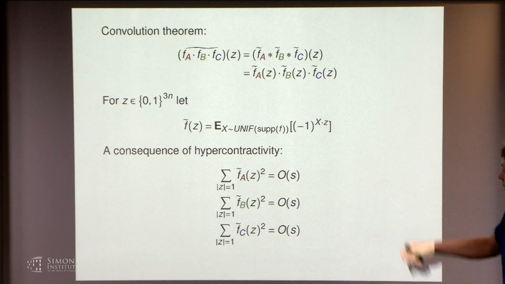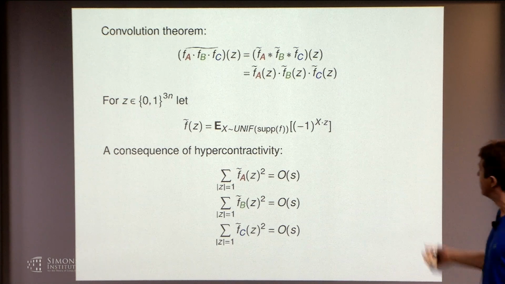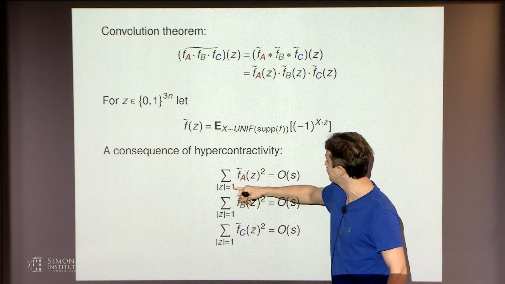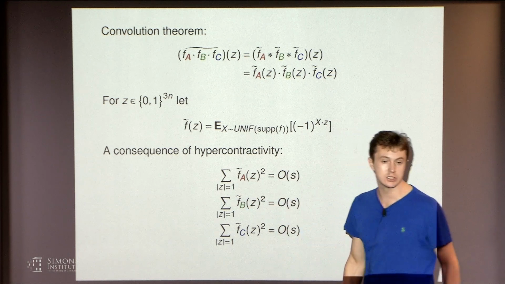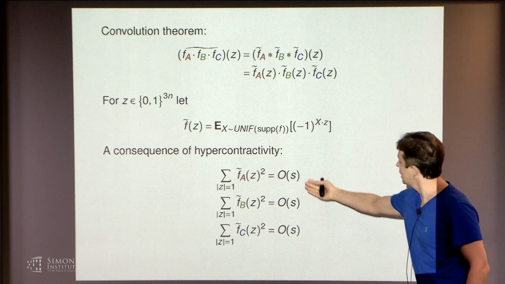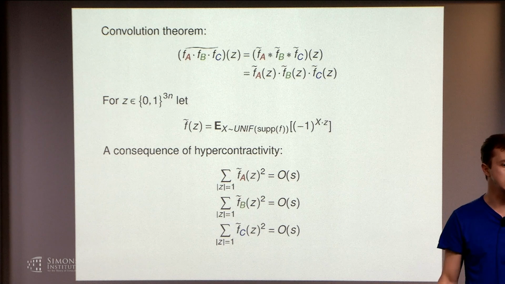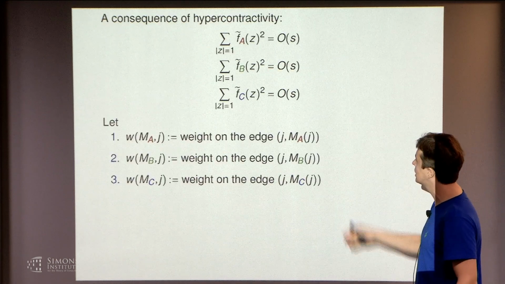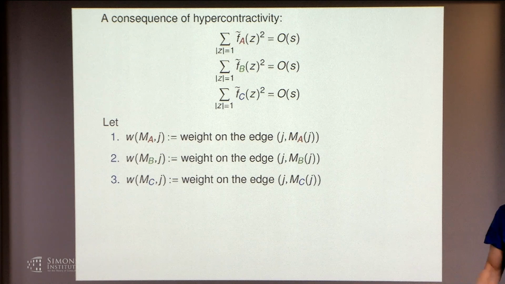So this is a consequence of hypercontractivity. For example, one specific setting says that if I sum up the squares of normalized Fourier coefficients over level 1 Fourier coefficients, that is single bits, then I get at most the amount of communication that Alice, Bob, and Charlie could use. And that's very nice because this lets us essentially massage the question of analyzing general protocols into a form that we already have done.